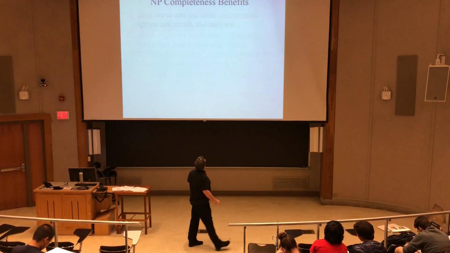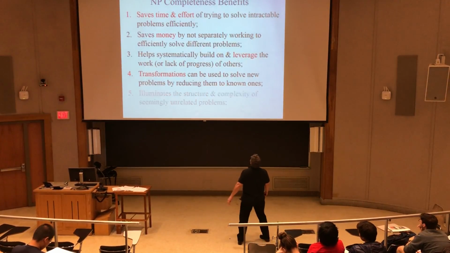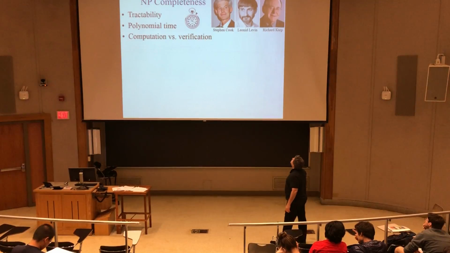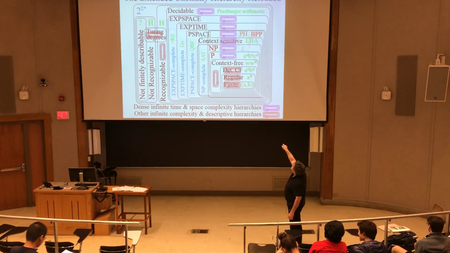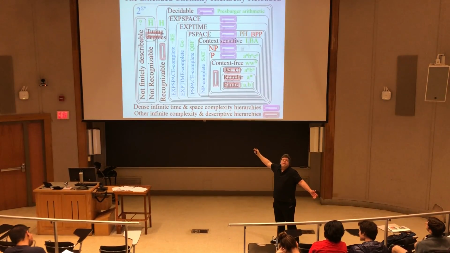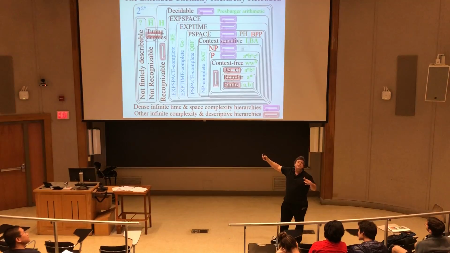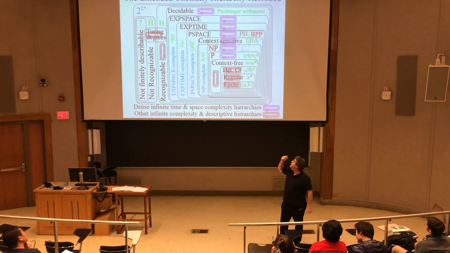Let's look at the bigger picture again because it's really worth it. Looking at the bigger picture, there's NP. Yes, it's decidable, but decidable can run in arbitrarily large times, not infinite times, but arbitrarily large times.